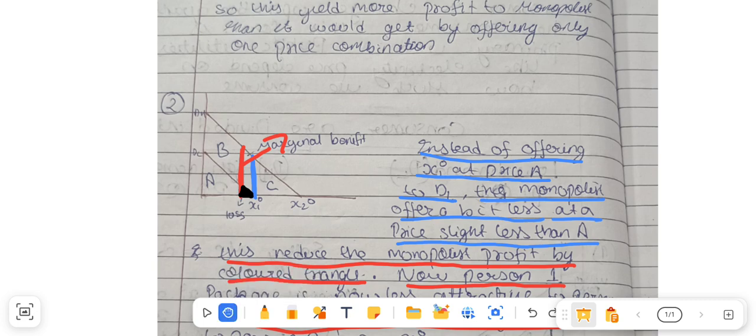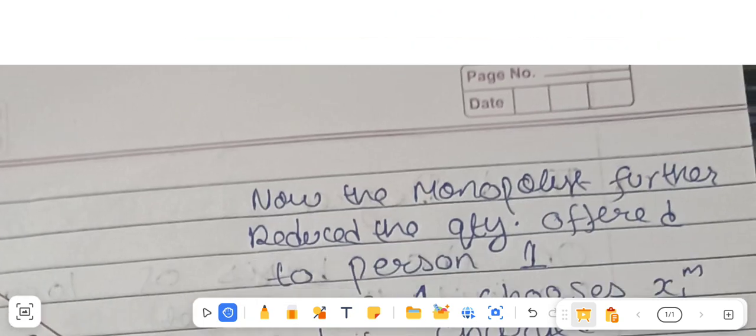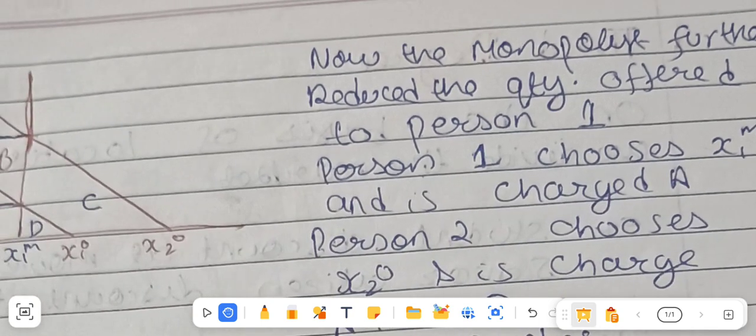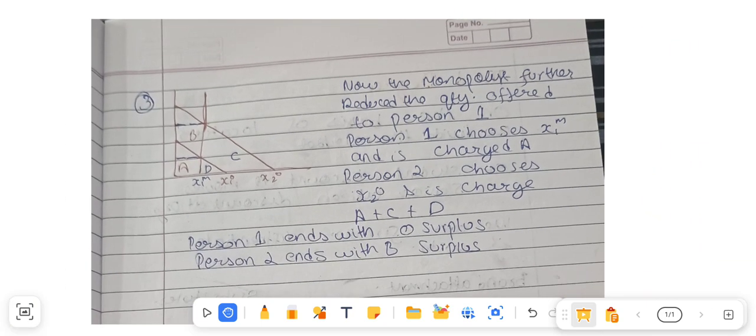Now the third condition is that suppose the monopolist further lowers the quantity. He was offering x1 to the low demand group, but now he is offering x1m amount to the low demand group at price A. It means that the low demand group has been made worse off.